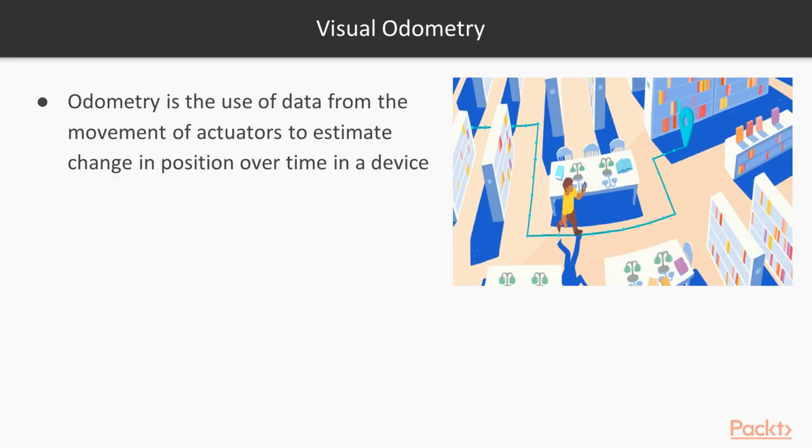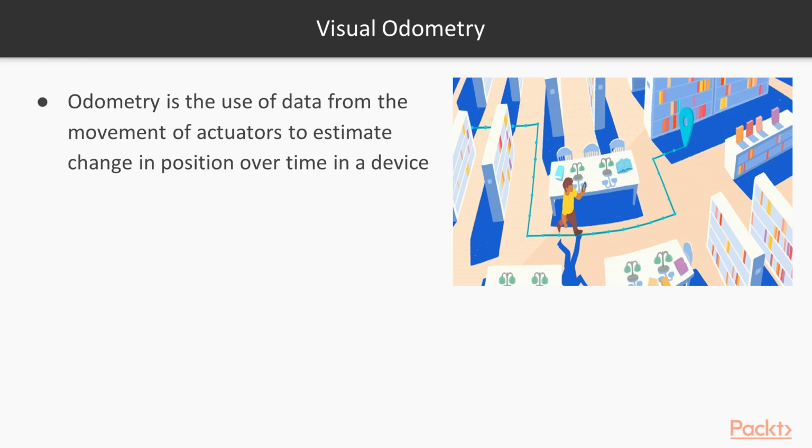So visual odometry is an area of research that a lot of researchers have developed interest in over the past few decades. Odometry itself is the use of data from movement of actuators to estimate change in position over time in a device.